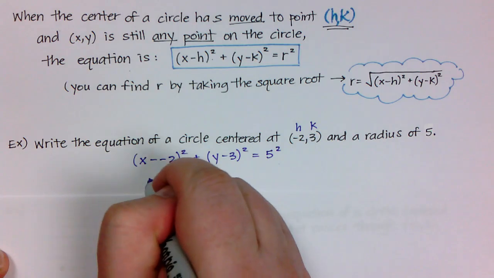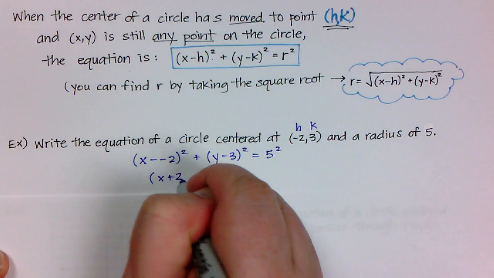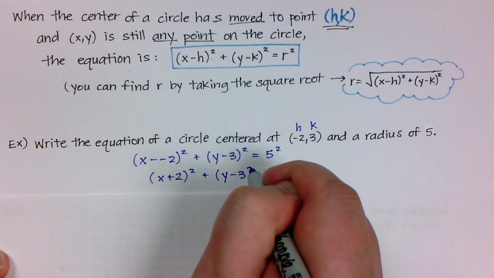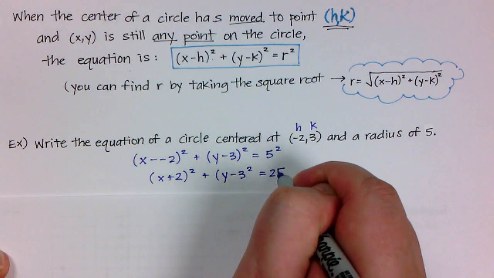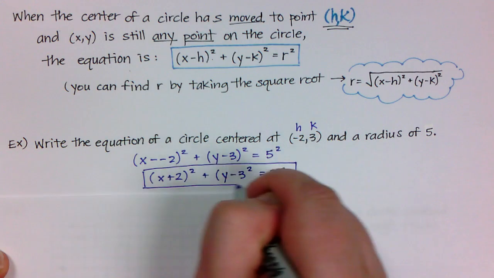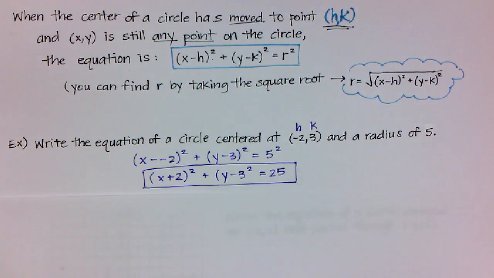So I'm just going to clean it up and I'll be done. x plus 2 squared plus y minus 3 squared is equal to 25. And that is how you write the equation of a circle that's not at the origin.